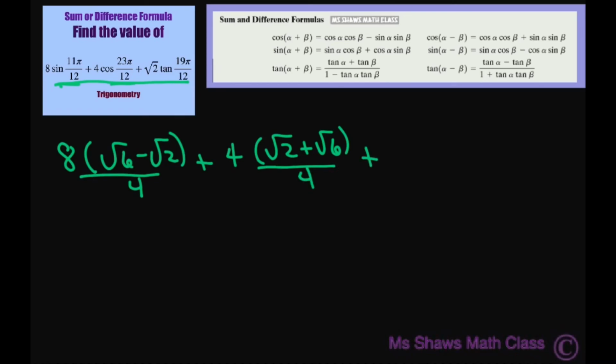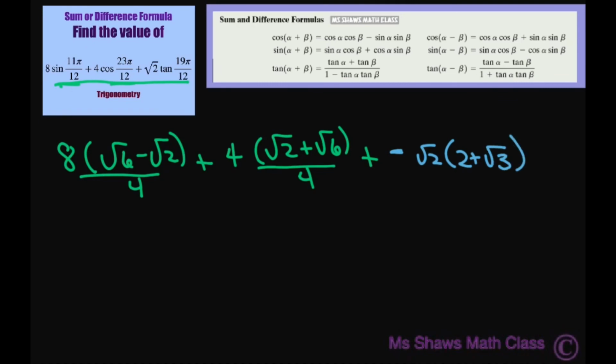And then for tangent, we had 4 times... where am I at? Let's see. Already did that one. Sorry, I'm doing the same one. Okay, so for tangent, we had minus square root of 2 times 2 plus square root of 3.